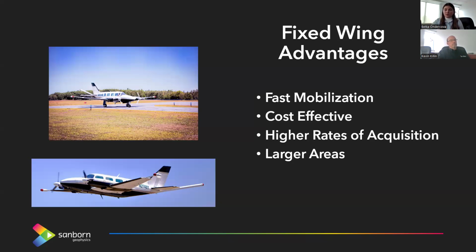It also allows for flexible project planning and results in a lower mobilization cost for our clients. Fixed wing surveys are suitable for most areas of interest and are most beneficial for mid to large range areas because of their high acquisition rate over large areas. This makes them the most cost-effective option.